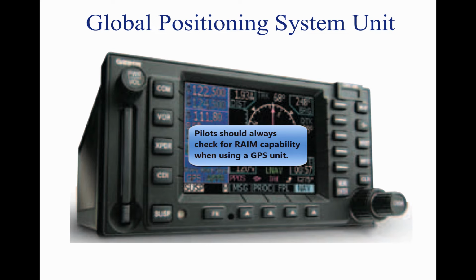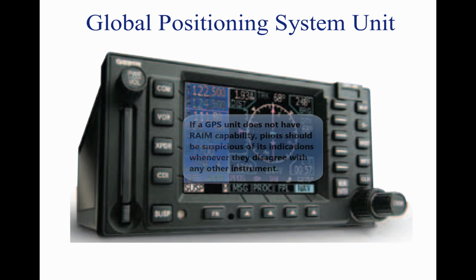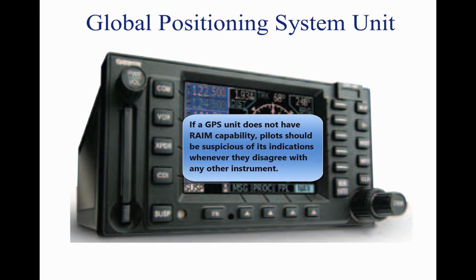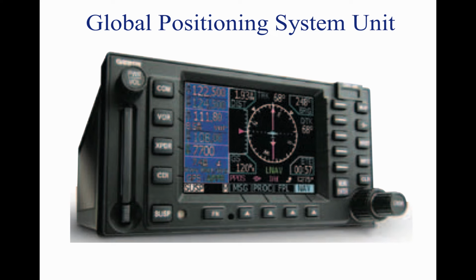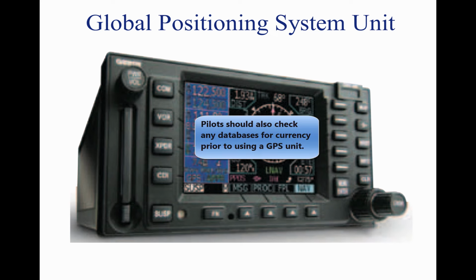If no RAIM capability exists, be suspicious of a GPS-displayed position when any disagreement exists with the position derived from other radio navigation systems, pilotage, or dead reckoning. Check the currency of the database, if any. If expired, update the database using the current revision.